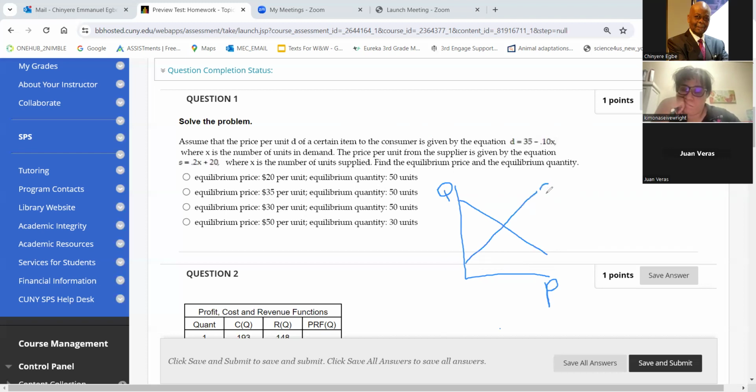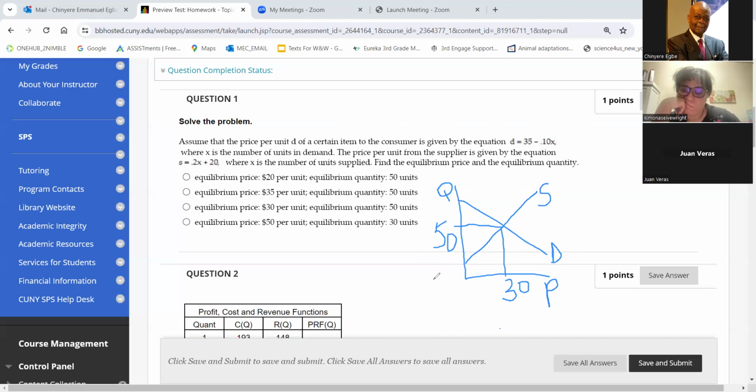So this is the supply, this is the demand. And here at a price of 30, the quantity is 50. This is what you just solved with your equation.